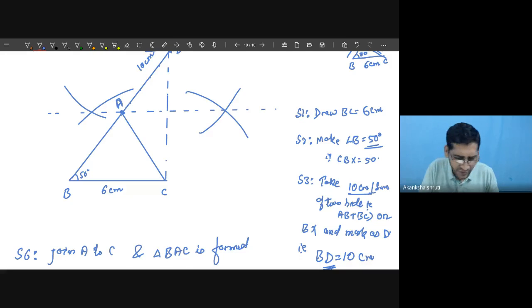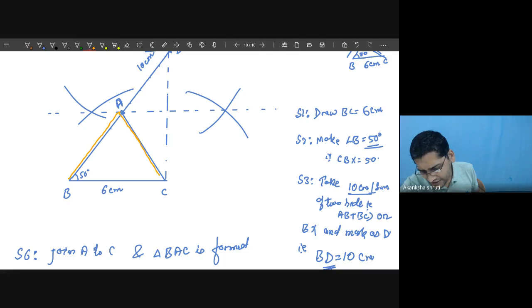So what is the triangle formed, student? This is our B to A, and from here we have determined this A, then joining this to C, and we had already drawn BC. This way the triangle is formed.